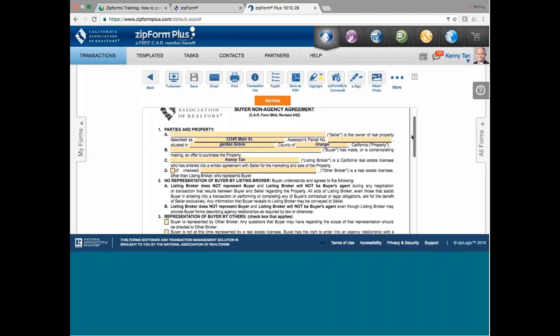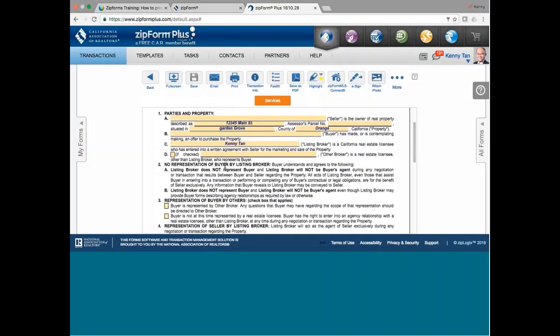it says here, no representation of buyer by listing broker. Buyer understands and agrees to the following. Listing broker does not represent the buyer, and listing broker will not be buyer's agent during any negotiation or transaction that results between buyer and seller regarding the property.